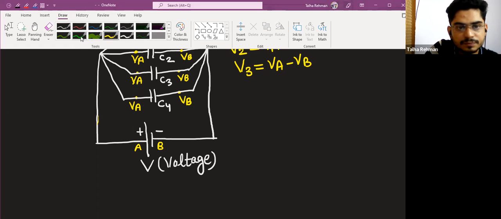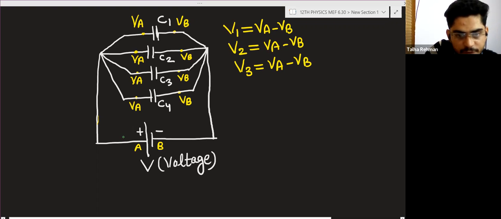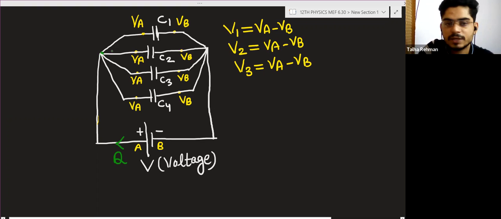But I have told you, if Q is the total charge flowing from here, then due to the branching of wire, the charge will divide. So if here is a charge Q, here is no branching, no branching.